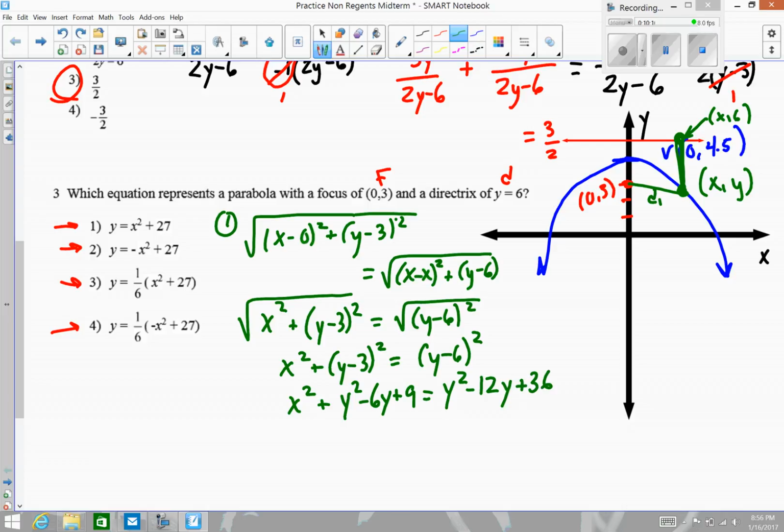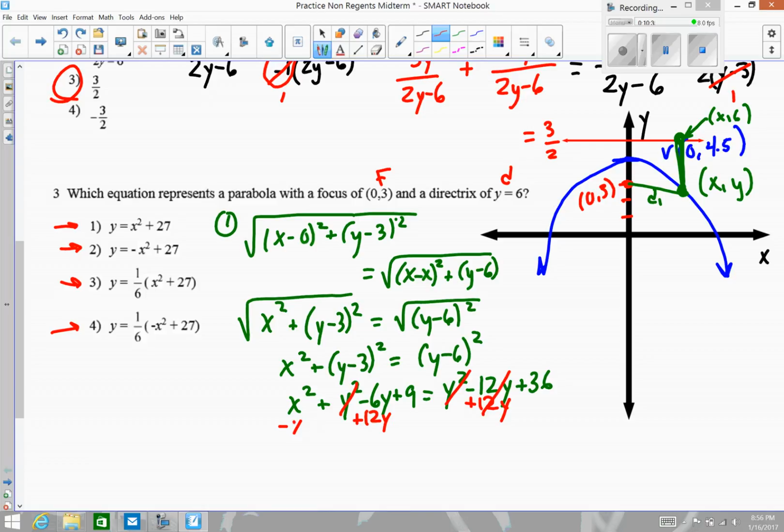When I go ahead and combine my like terms, I'm going to subtract y squared from both sides, which will make these cancel out. I'm going to end up wanting to get y on one side and everything else on the other side. So I'm going to go ahead and add 12y, move all my y's to the right side, and move everything else to the left side.